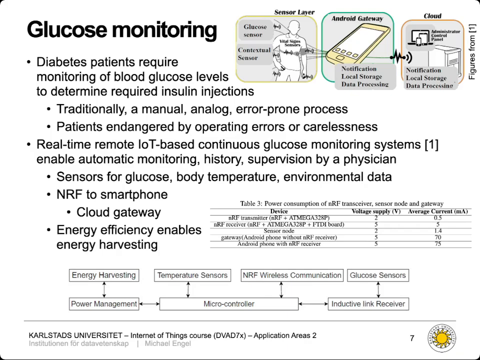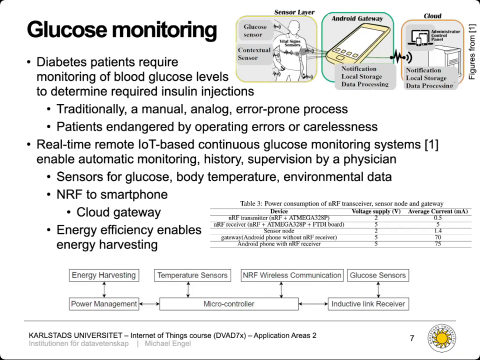So this is done by a device that has a number of sensors. So obviously you need a sensor for glucose levels and maybe additional body parameters that just influence the way your body reacts to this. So for example, body temperature and also environmental data like the outside temperature.